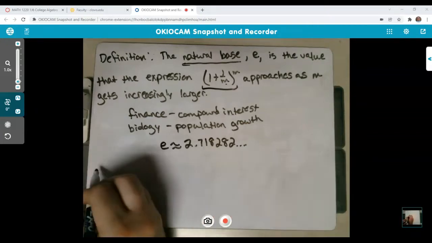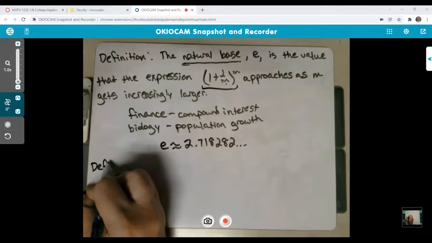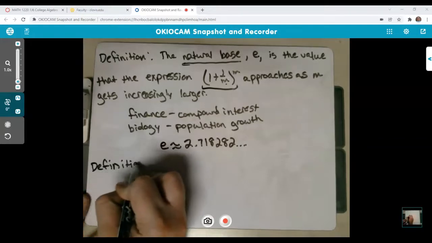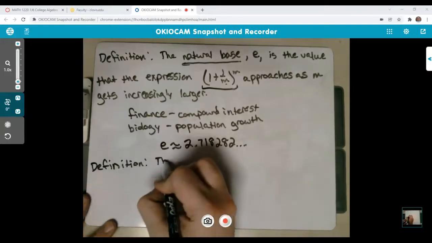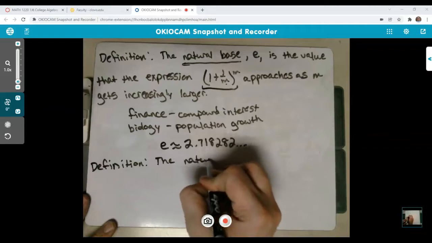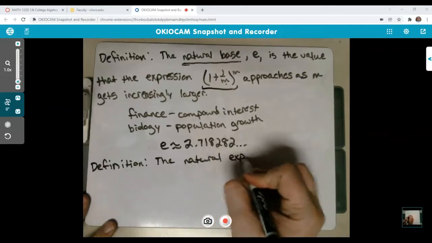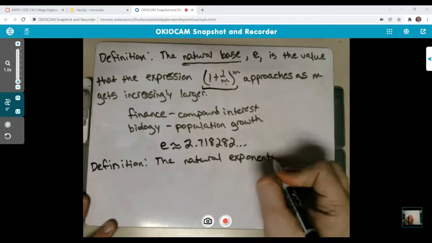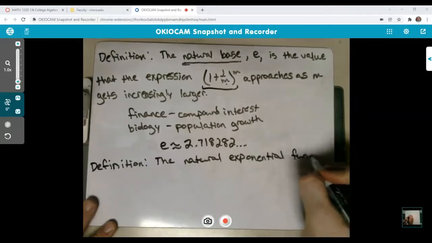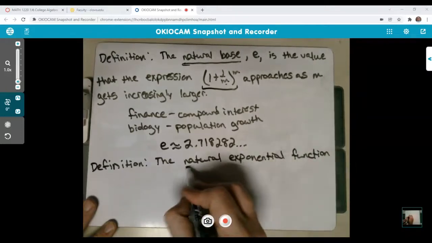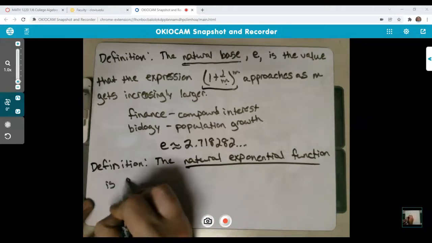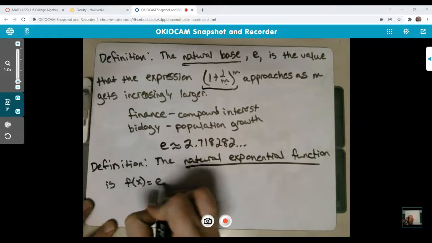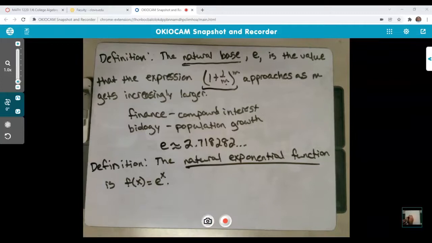All right, so one more definition. The natural exponential function is f of x equals e to the power of x.